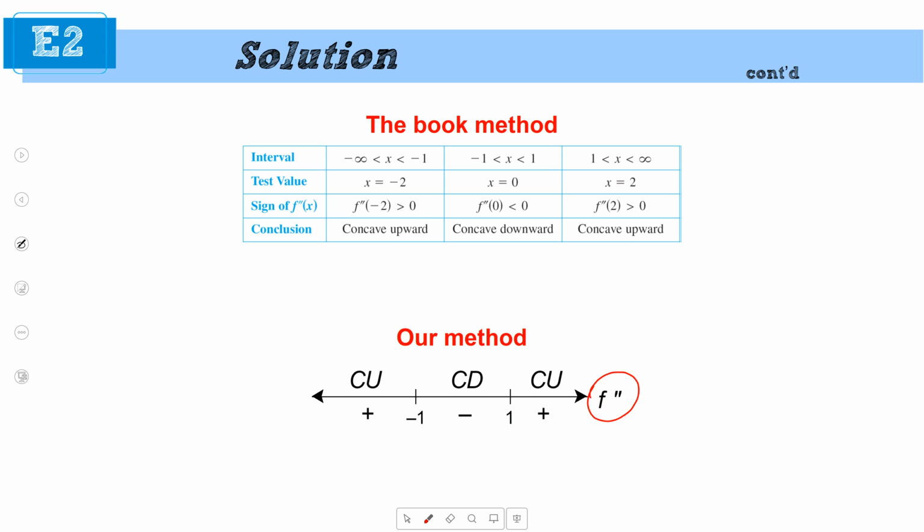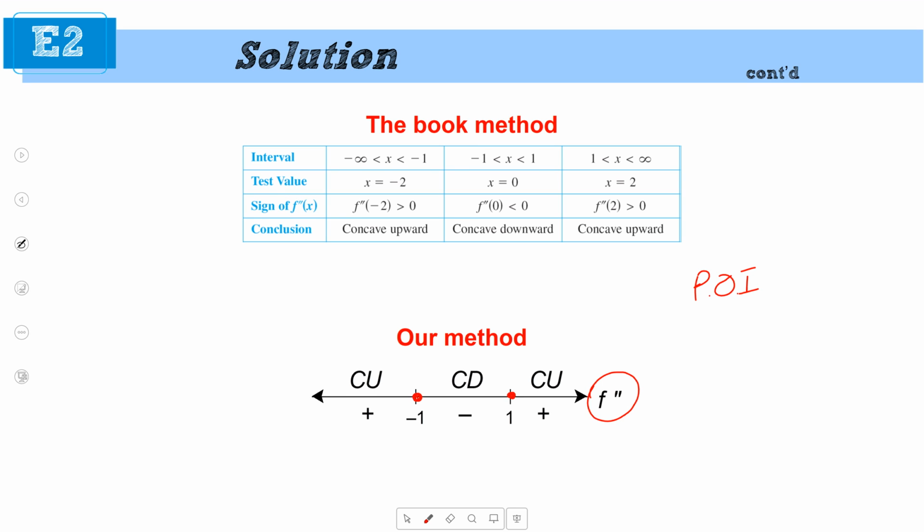What happens at 1 and negative 1? Do you recall? It's a point of inflection, correct. When we do the first derivative number line, we were concerned about whether or not it goes plus to minus, because if it goes plus to minus, is it a max or a min? It's a max. And if we go minus to plus, it's a min. This doesn't matter. If it changes either way, or there's just a change, then we have a point of inflection.